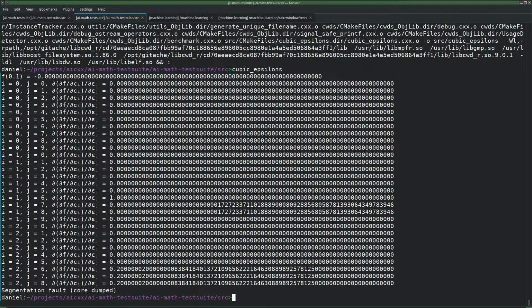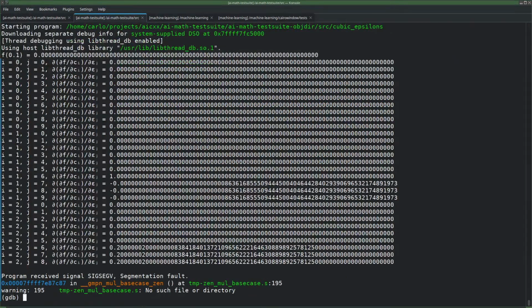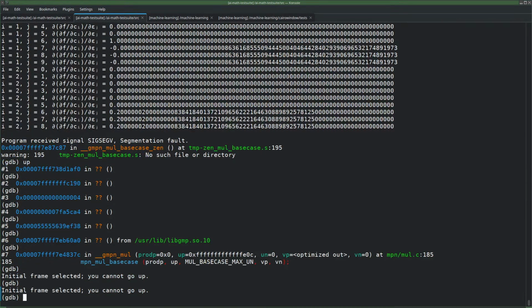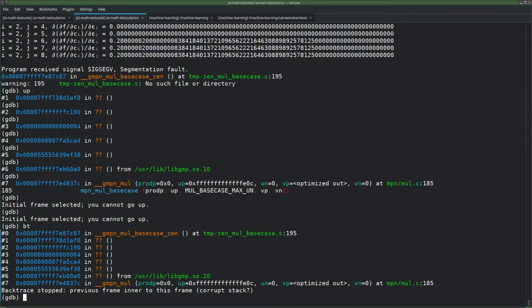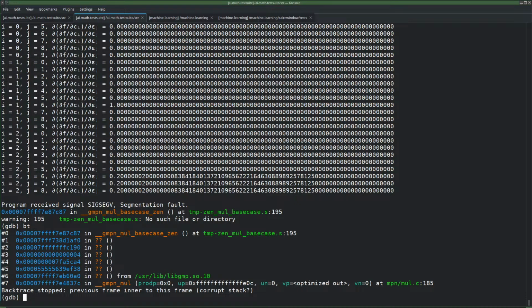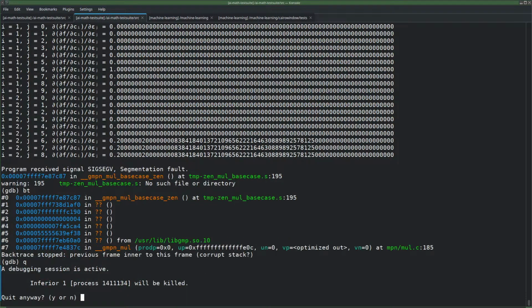Core dumped definitely does not do it. Oh. Oh. I guess this is the problem here. Corrupted stack. Yeah, not a little bit. And that's annoying.